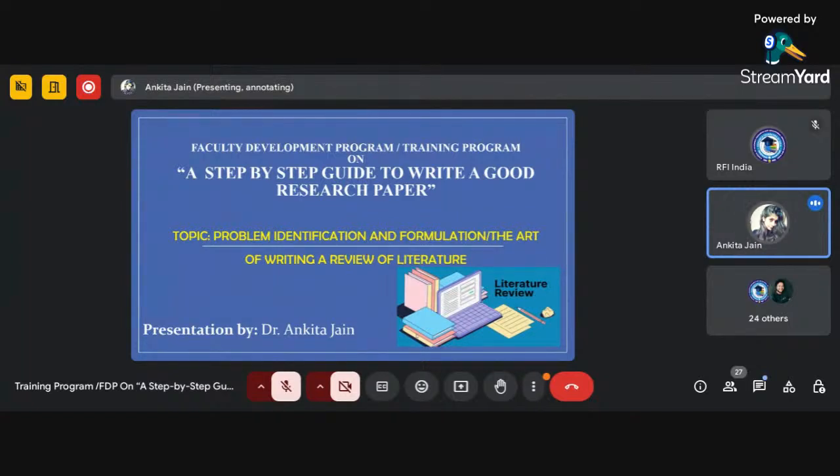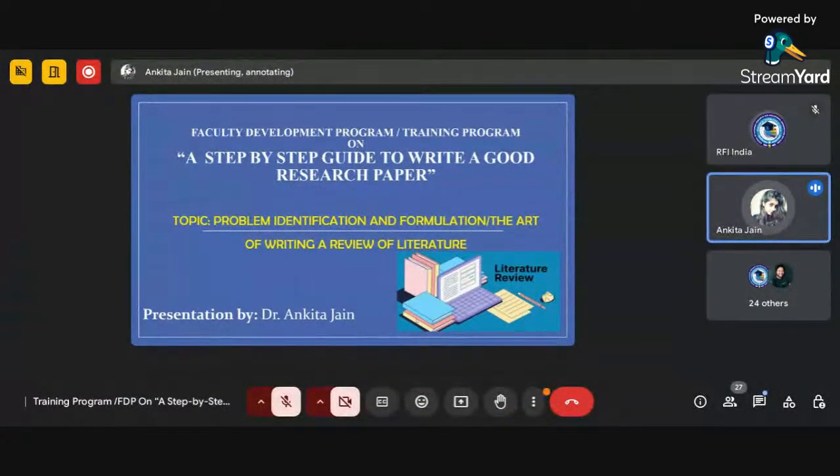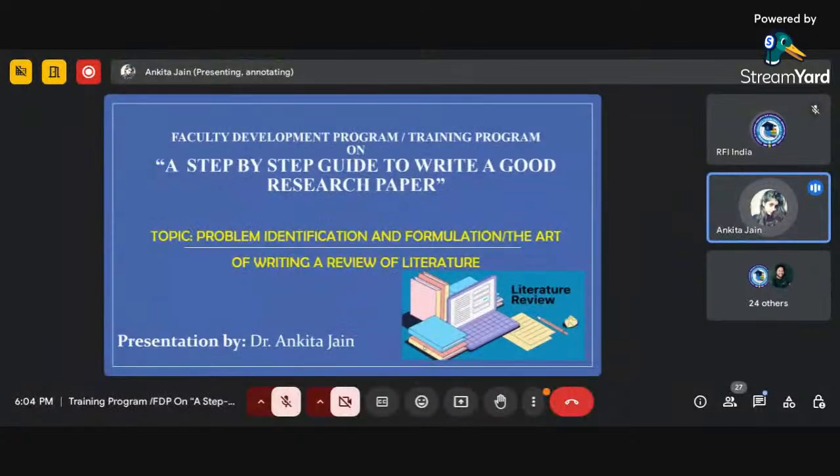Maybe you are already a researcher, right? You might be writing some papers or have already written some papers, maybe some working papers. But still, every time we listen to someone or attend a training program, it gives us some different or new knowledge, and it talks about something relevant which you must be thinking about.